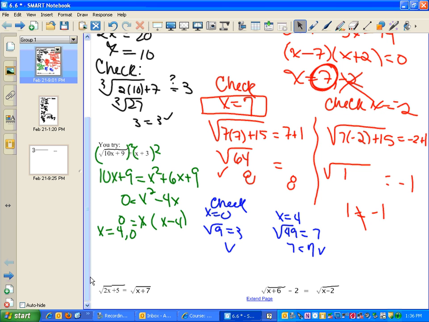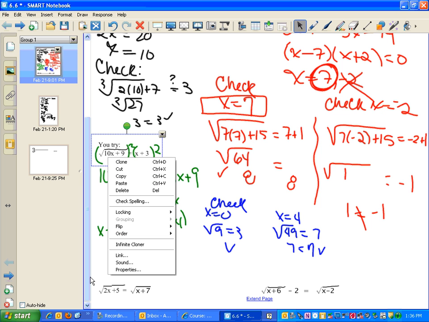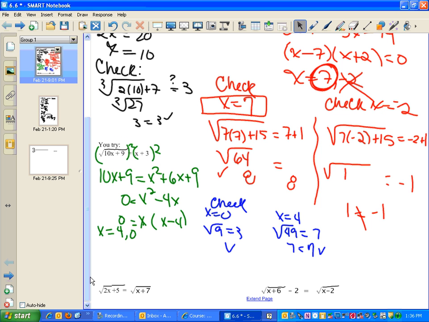Because when I plug in the value of 4 for the x here, I get 40 plus 9. Right, and what am I left with? What's 10 times 0? Does that make sense?